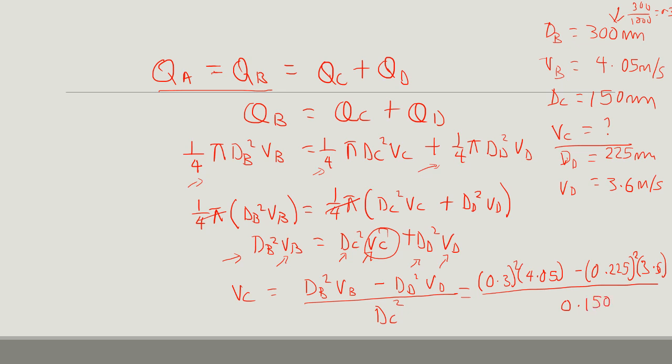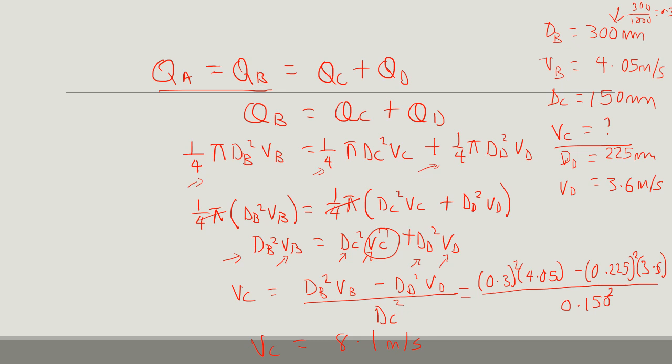Wow, I managed the space. Okay, so now inputting this on my calculator, VC will be equal to, oh, I forgot square, 0.150 square, and that is equal to 8.1 meters per second. That is VC. And we see that our equation is clearing up a bit now.